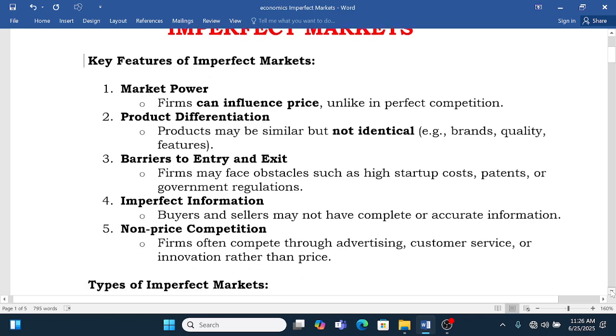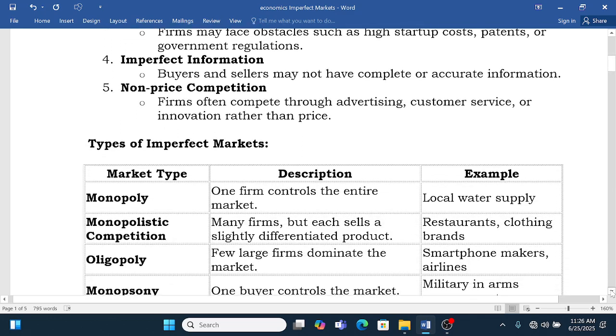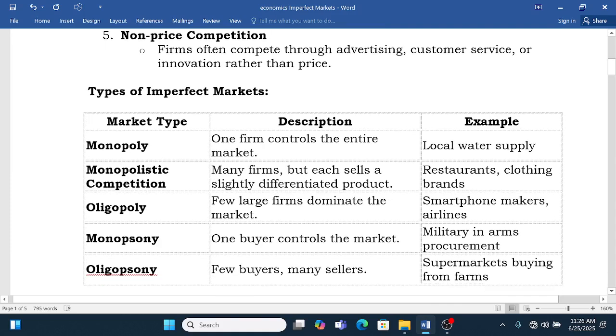So we look at the types of imperfect market. We have a monopoly, where one firm controls the entire market, for example a local water supply. Monopolistic competition: many firms, but each sells a slightly differentiated product, such as restaurants and clothing brands.